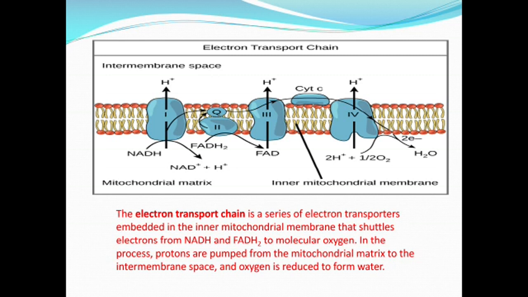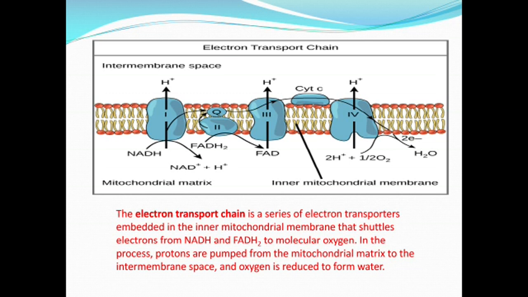Okay, so in the electron transport chain, molecules of NADH2 and FADH2, which are formed in the previous process, take part. Just now we have discussed glycolysis and Krebs cycle, right? So what was produced there? Yeah, NADH2 and FADH2.